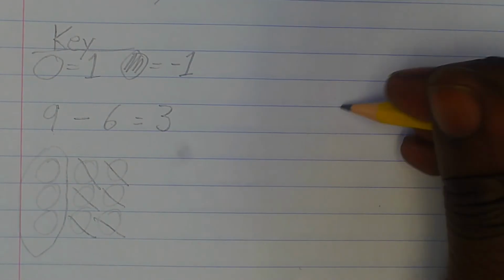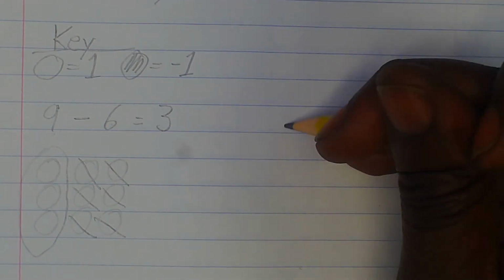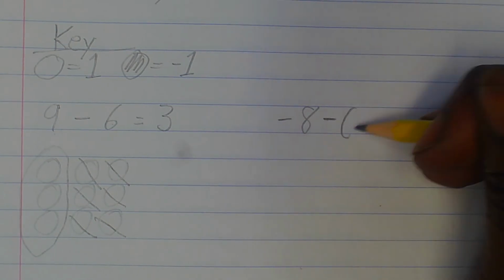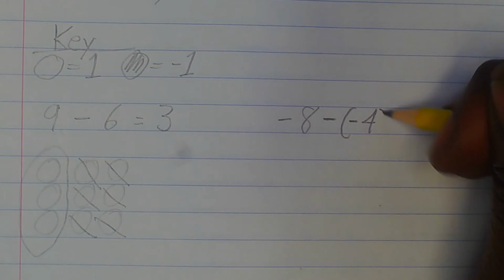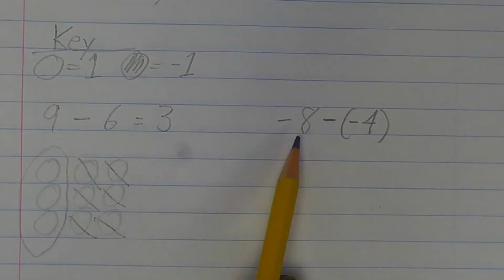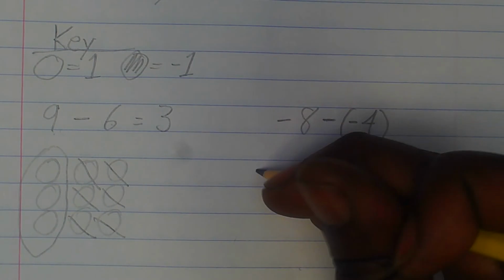Similarly, if we have the following problem, -8 minus a -4. We have to represent this first value, -8, using the counters. So we need 8 negatives.